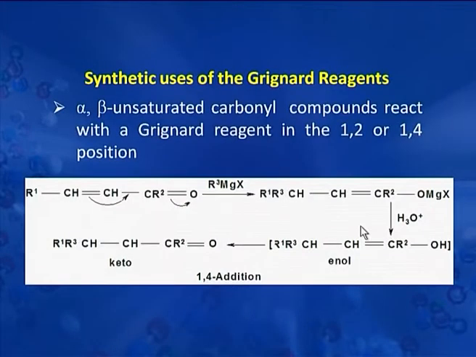Next, this alpha beta unsaturated carbonyl compound with this Grignard reagent followed by hydrolysis gives 1,4 addition. This is an enol form followed by keto form.